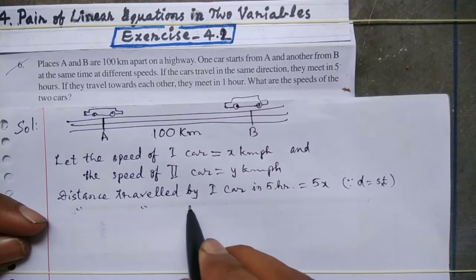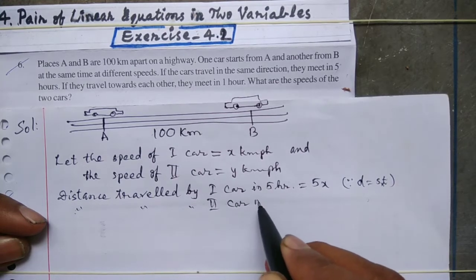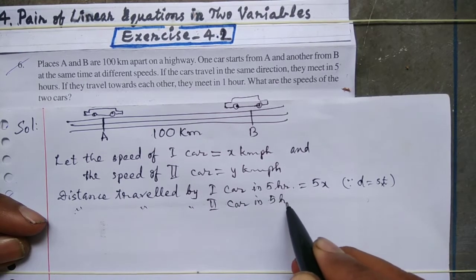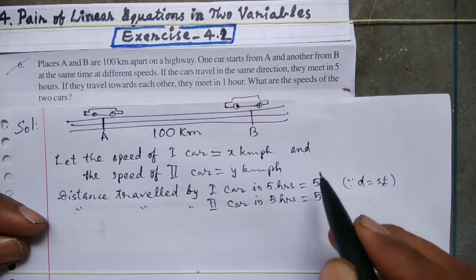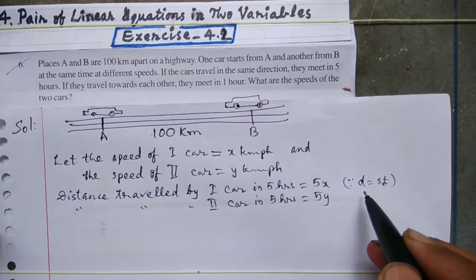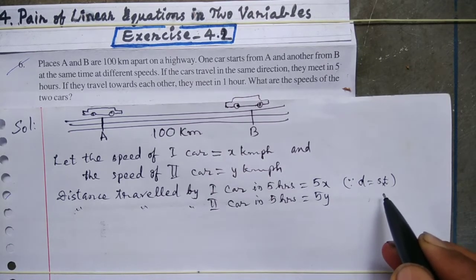Distance traveled by the second car in 5 hours is equal to 5y, because distance is equal to speed into time, we know.